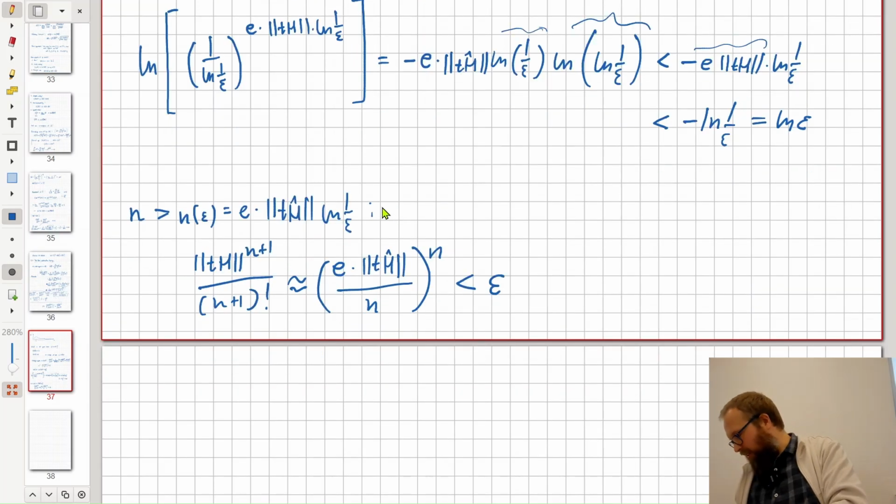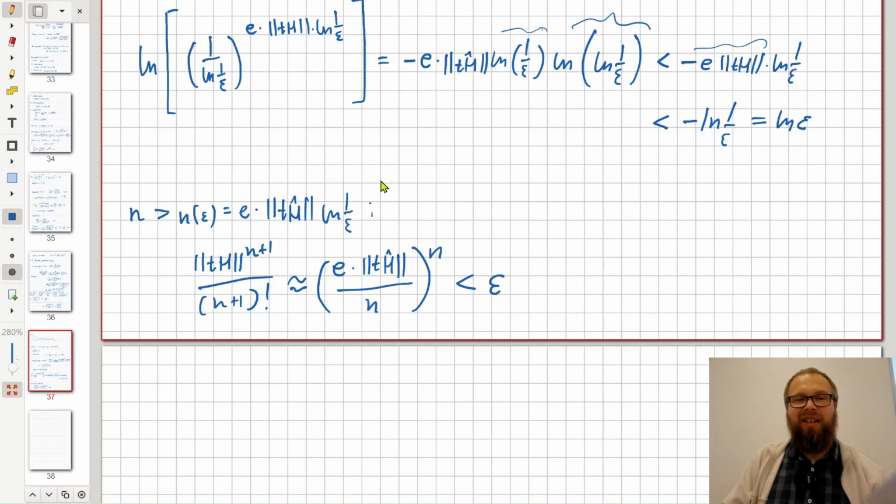So I have some estimations here. For one thing, we see that you have linear scaling with time. The longer the time, the more terms you have to calculate to achieve the given accuracy.